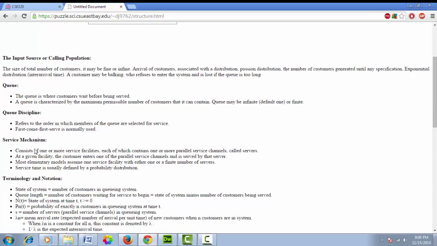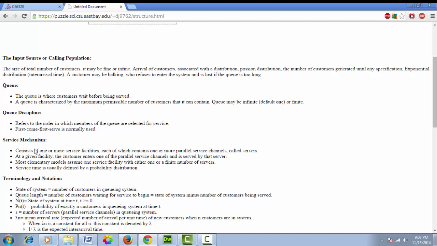Here you are going to see about the service mechanism. What is service mechanism? Service mechanism facilitates the service, which contains one or more parallel channels called servers. The customer enters one parallel service channel and is served by the server.